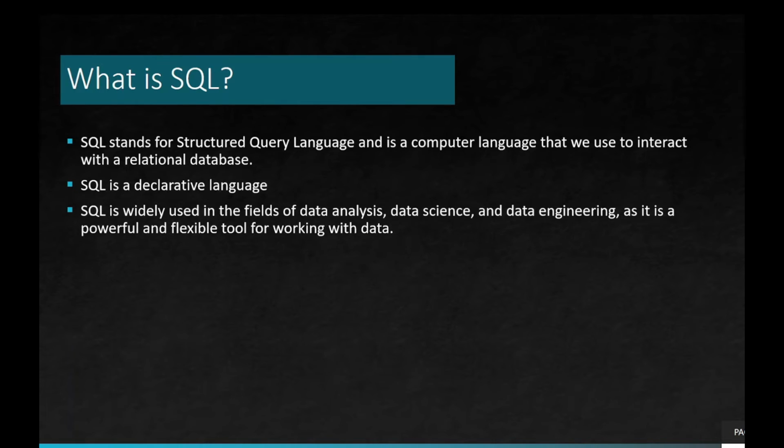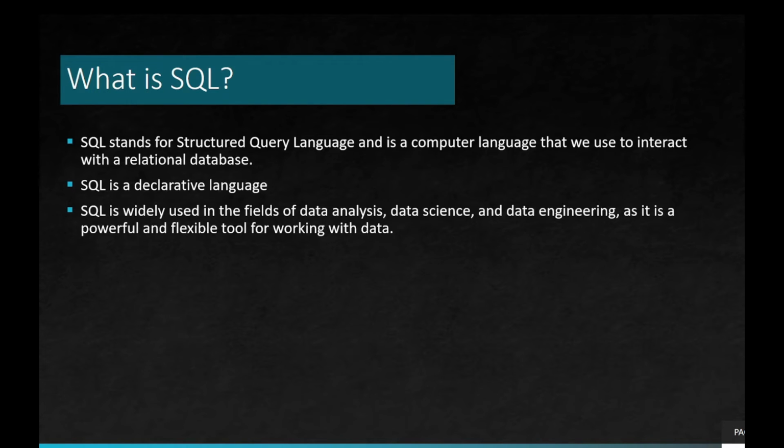It's a very powerful and flexible tool for working with data. SQL allows you to perform tasks such as filtering, sorting, aggregating, joining and transforming data, as well as creating reports, dashboards, and charts. SQL can also be integrated with other languages and tools such as Python, R, Excel, and Power BI to enhance your data analysis capabilities.